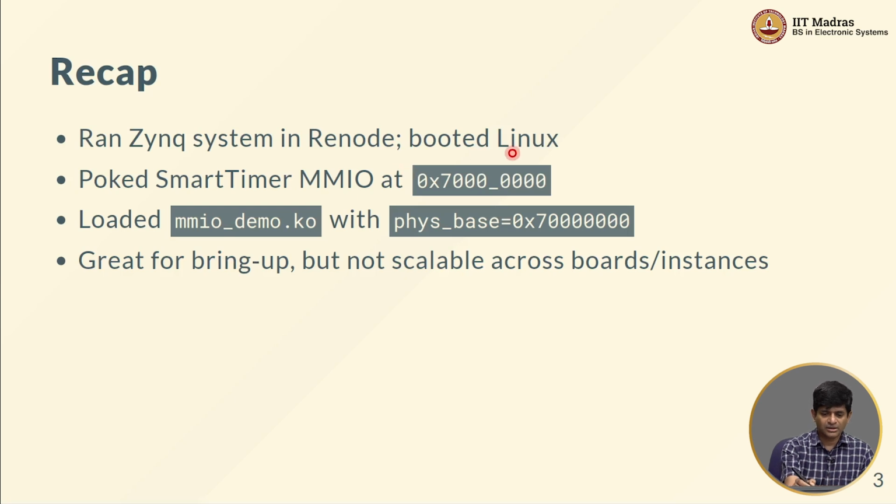In the REPL script, I attached a smart timer MMIO block, and in my kernel module, I loaded it using the insmod command by giving it the parameter physical base address, the exact same address as what was used in the REPL script. Now, what that means is that I knew the full details of the system. I knew, for example, that my particular smart timer is going to be connected at this particular address, and I passed that information to the module as I was loading it inside the system.